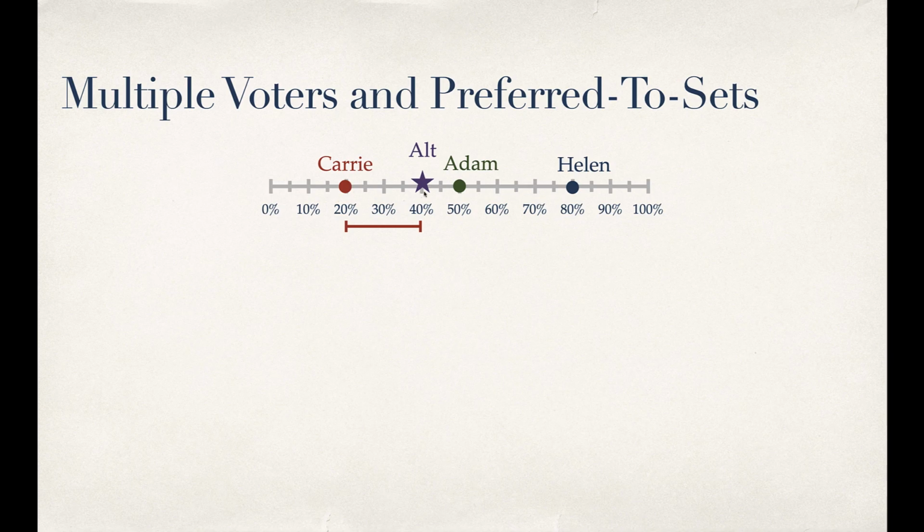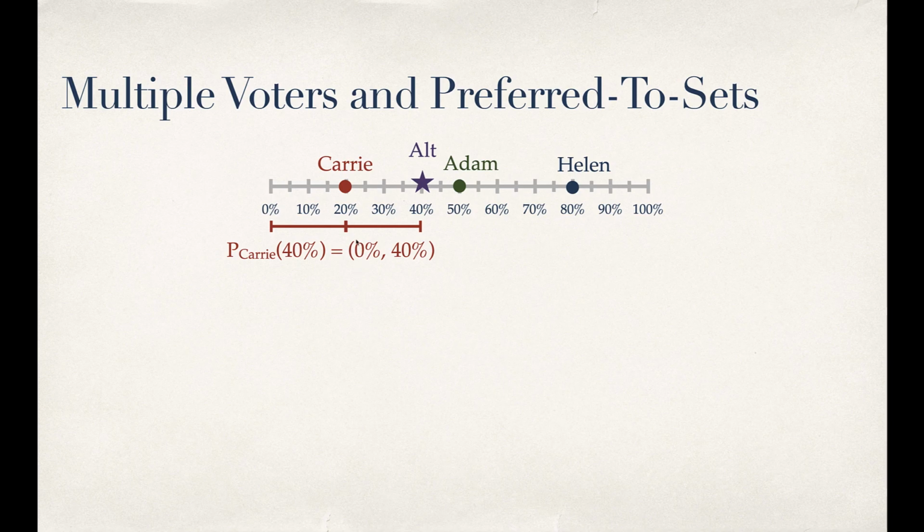And so she definitely prefers everything between 40 and 20 because all of those things would give her a higher utility. And of course, because she has single-peaked and symmetric utility, she also prefers everything between 20 and 0, not including 0. So Carrie's preferred 2 set of the alternative 40 is everything between 0 and 40 non-inclusive. Again, that's why we have the soft parentheses here instead of hard brackets, because 0 is not in the preferred 2 set. It is the boundary.